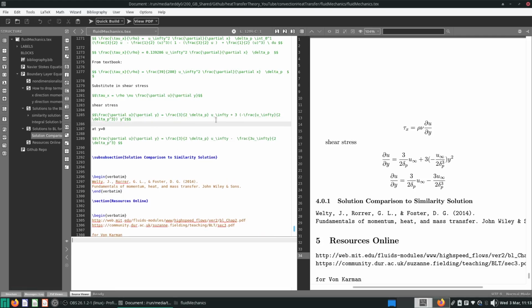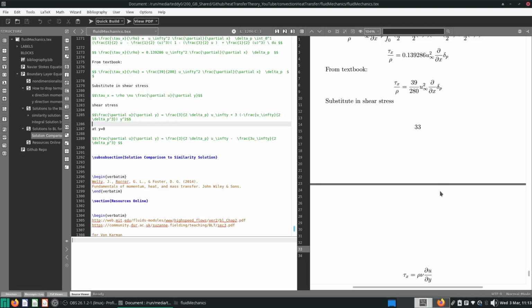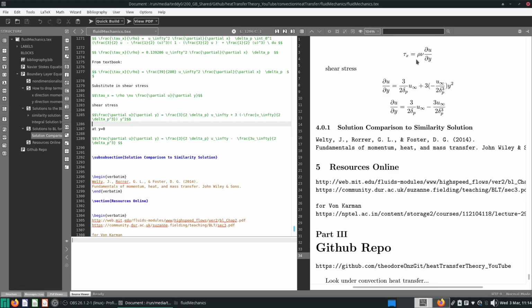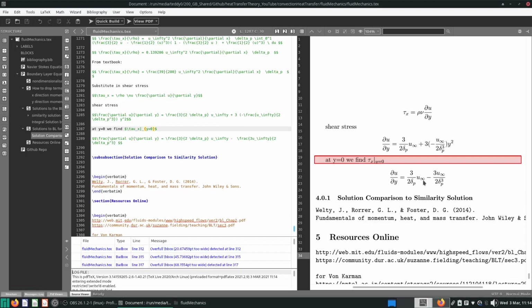Alright. So we are substituting y equals 0 because we're interested in the shear stress at the wall. So we find tau x at y equals 0. This is what we need to substitute because we want the shear stress at the wall.